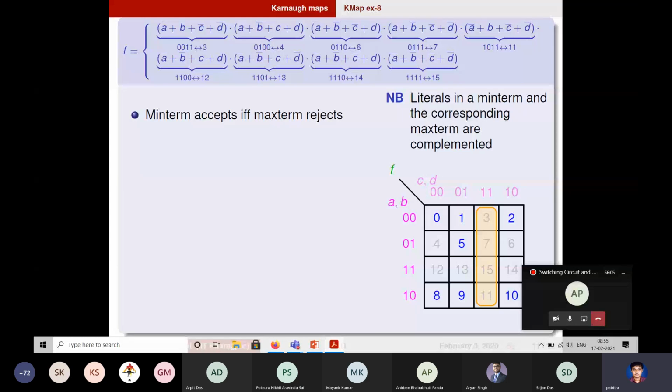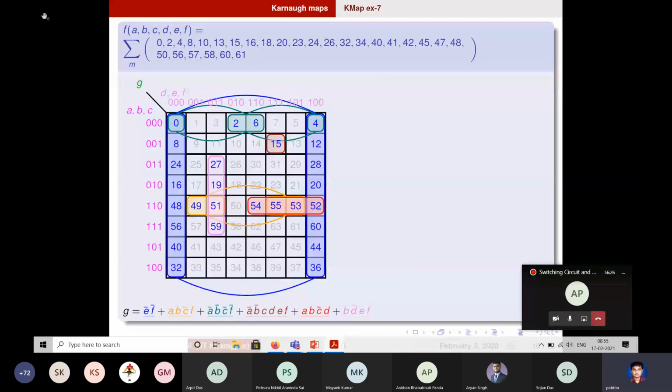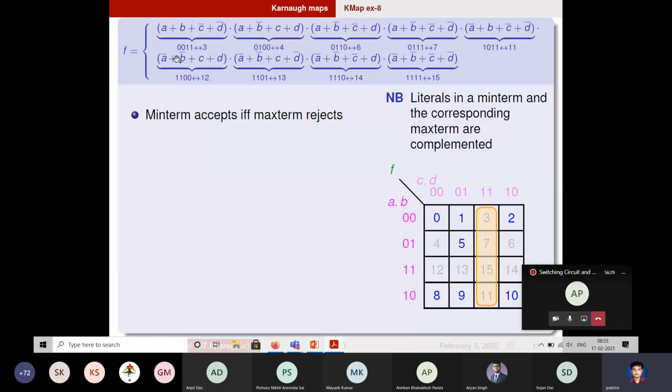Suppose I want to express a function as this product of sum form in terms of the max term. So actually this is represented by the pi. Just as I had sigma over small m, this should be pi over large M. Product over large M. Okay. So what do you do to do this?